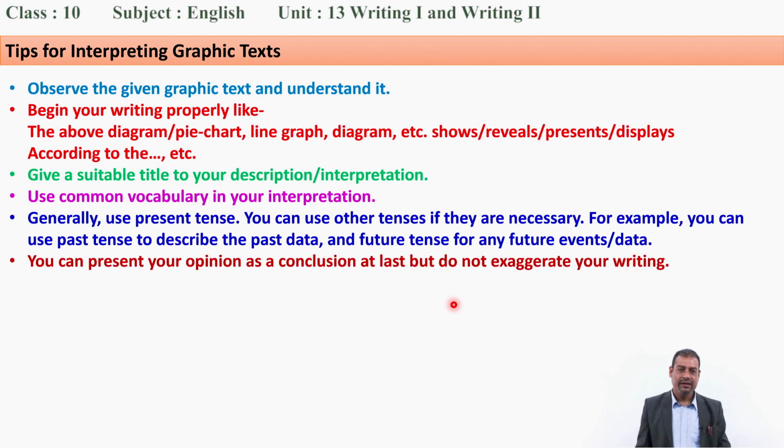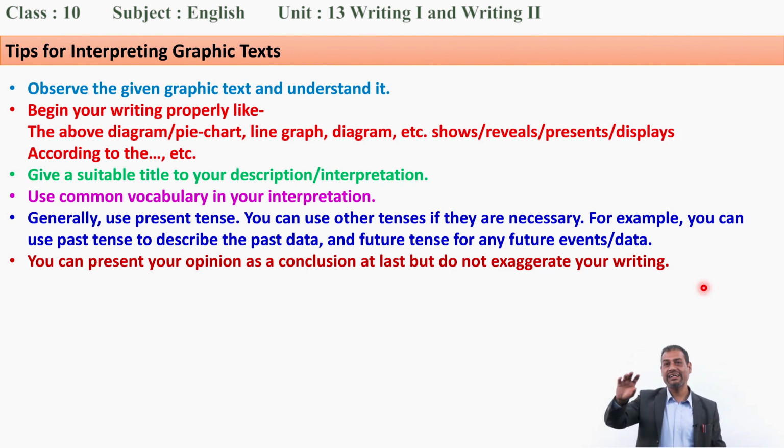Okay. Next one, you can present your opinion as a conclusion at last, but do not exaggerate your writing. See, in those two interpretations, you have seen the conclusion. But in the name of writing conclusions, you are not allowed to exaggerate. Do you know the meaning of exaggerate?